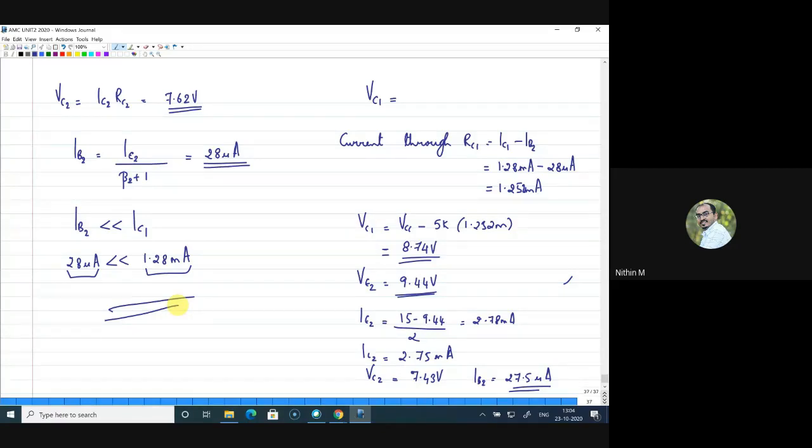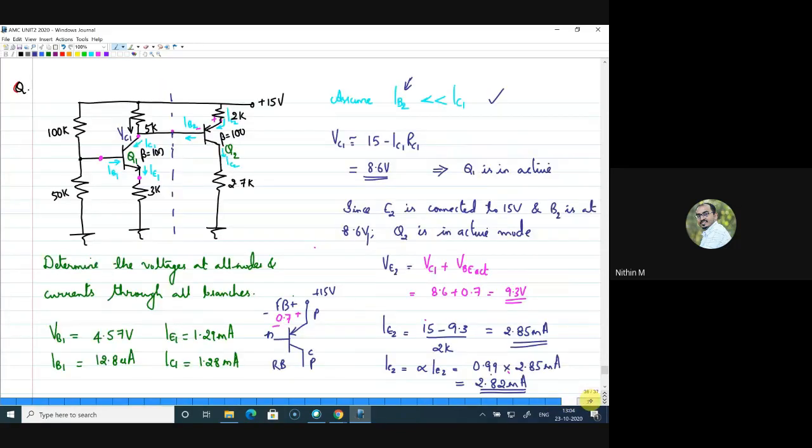I hope I answered that. All right, are there any doubts regarding this question? Will IB2 always come out to be much less than IC1? Yes, because you know the relation of IC and IB.